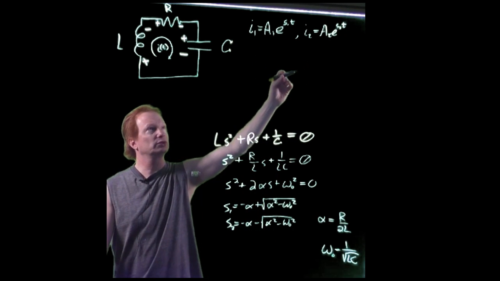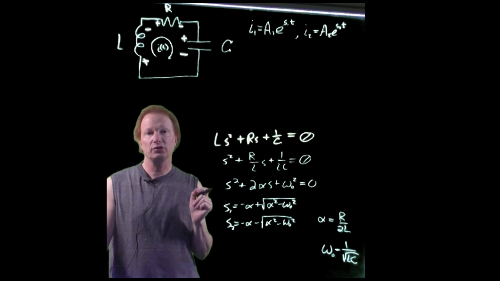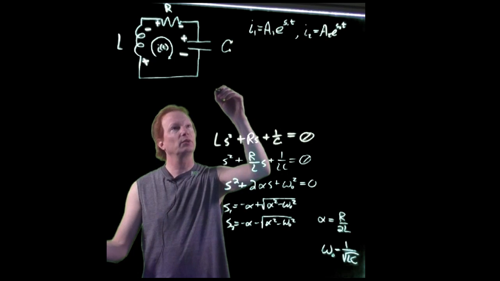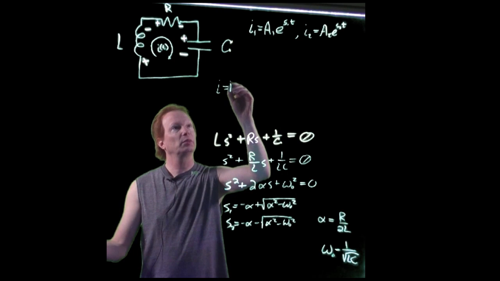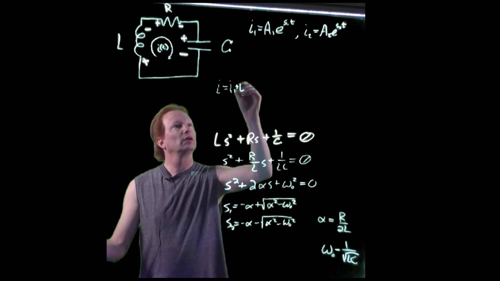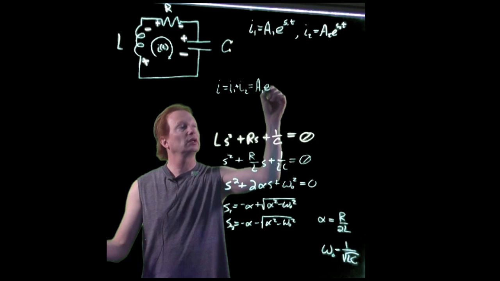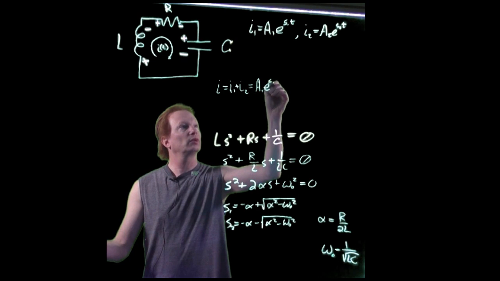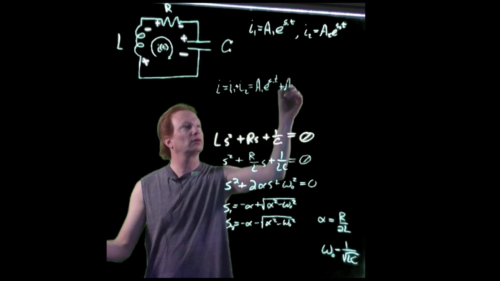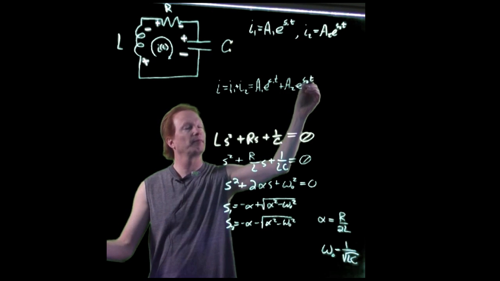Because they're both solutions, the total solution will be a combination of those two. So i will equal i1 plus i2, which will be A1 e to the s1 t plus A2 e to the s2 t.